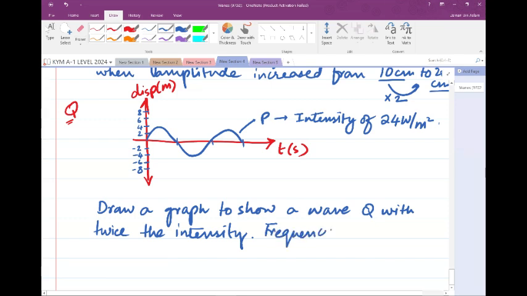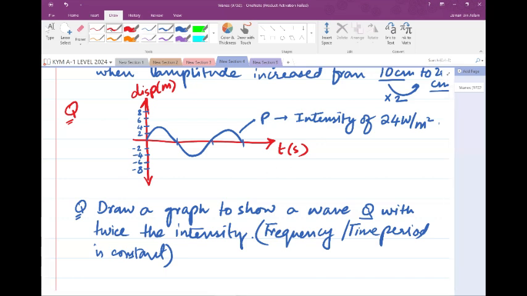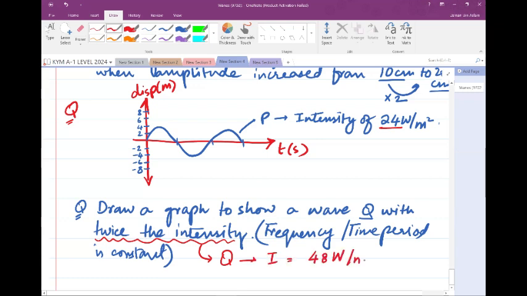Frequency or the time period is constant. Now, how to solve such a question here? They're asking you to draw another wave and call that wave Q. It has to have twice the intensity. That means if the original wave had an intensity of 24, now Q needs to have an intensity of 48 watts per meter square.